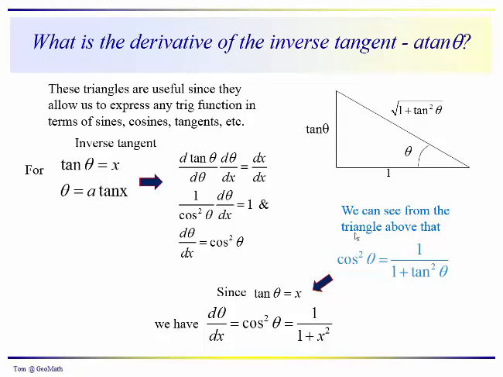So the cosine squared of theta must be equal to 1 over 1 plus the tan squared of theta. So since tan of theta is equal to x, we have d theta dx is equal to cosine squared of theta, which is equal to 1 over 1 plus the tangent squared of theta, or 1 over 1 plus x squared. So these triangles are useful.